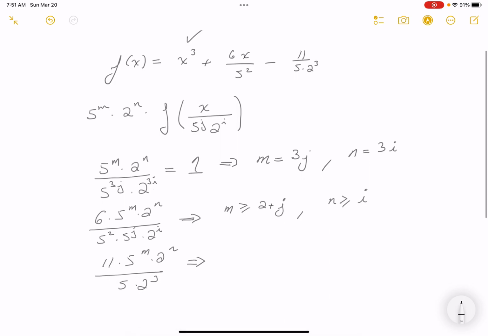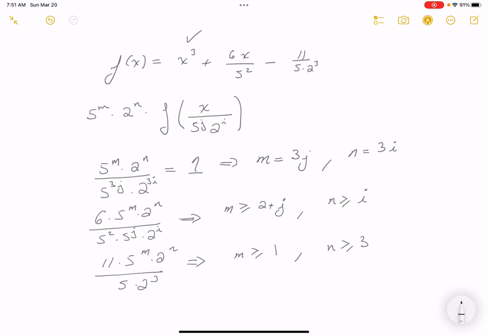So the m must be greater than or equal to 1, and the n must be greater than or equal to 3. All right? Let's see if we can think through this without doing too much work. And again, this is what some students can actually do all this in their head and come up with what the m and n, j and i are.